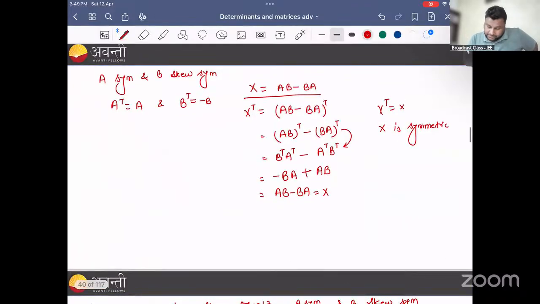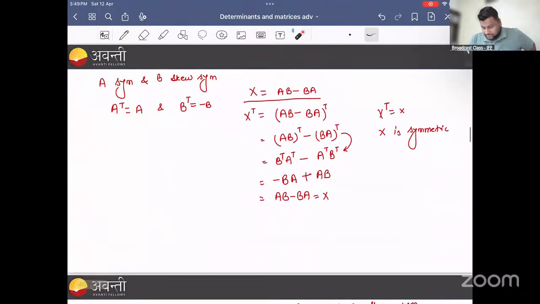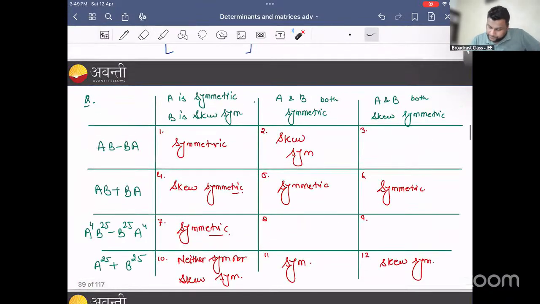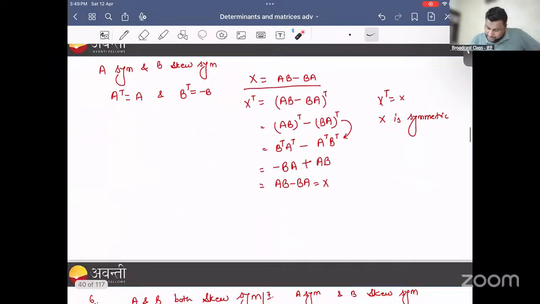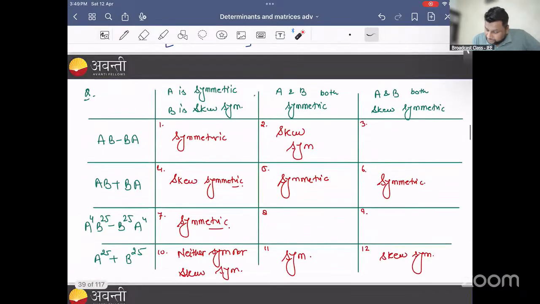See, AB minus BA. So it will be, yes, correct. Both are skew symmetric. So it will be BA minus AB. Yes, this will be skew symmetric.